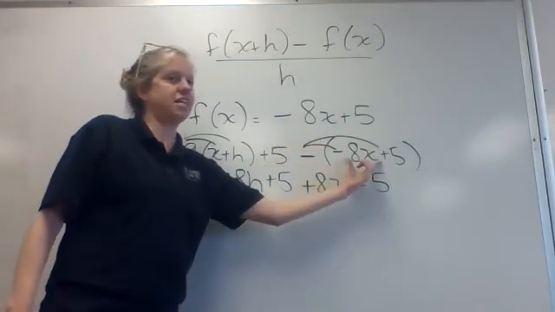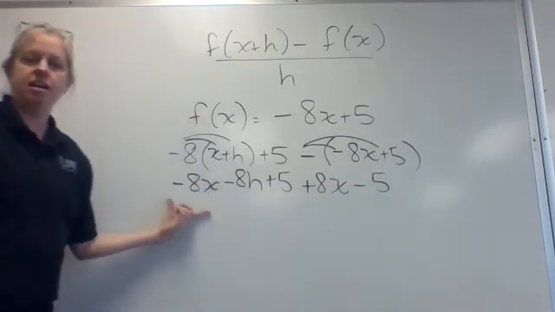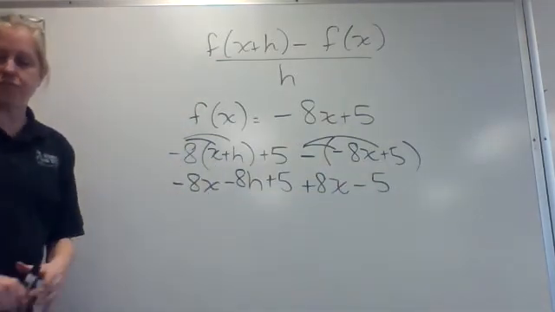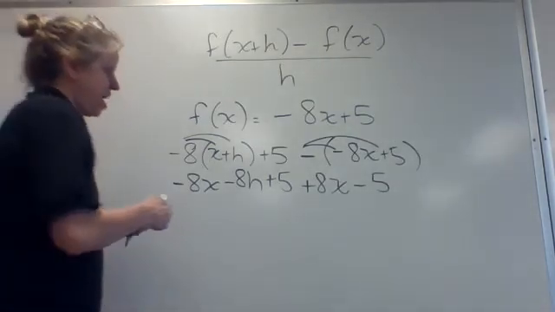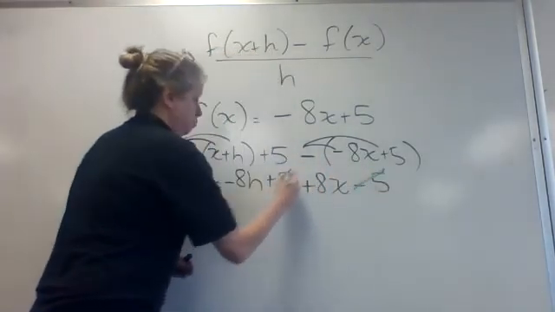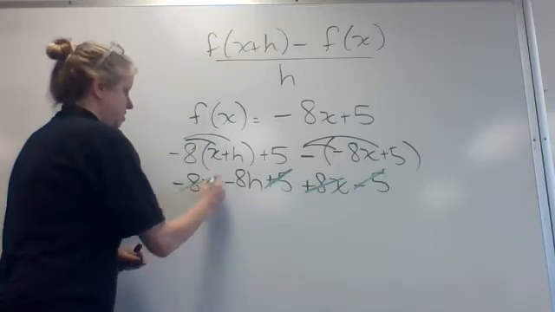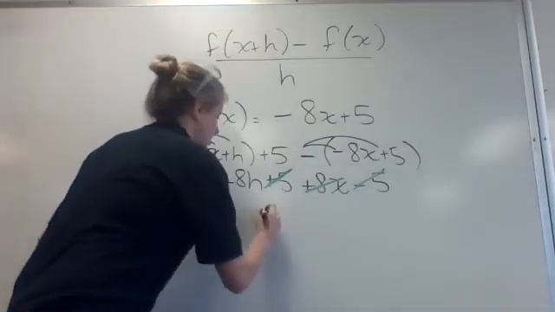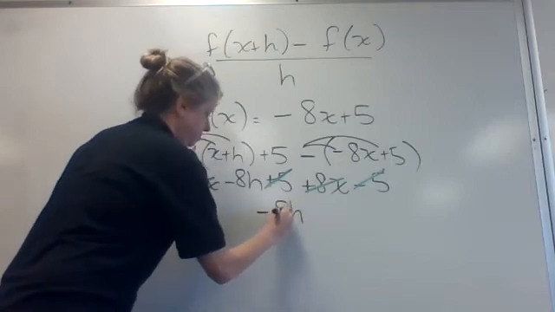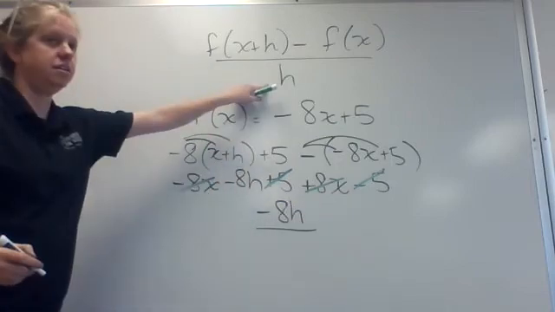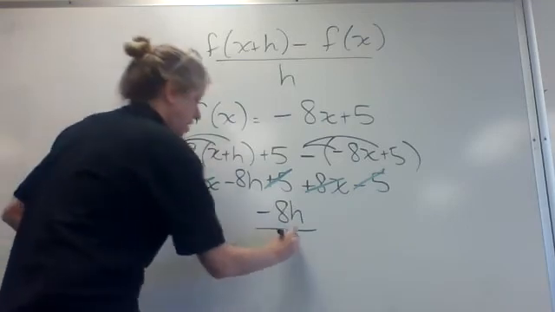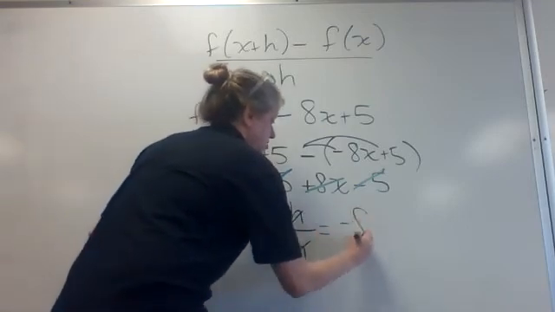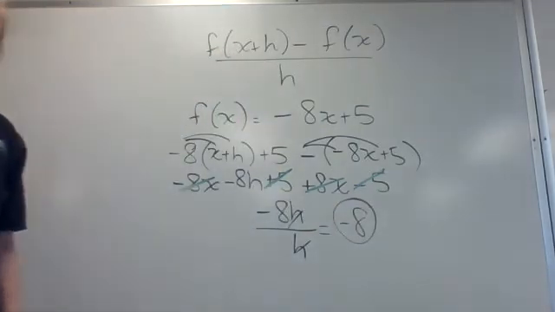It makes everything that was inside this parenthesis do what? Cancel something up front. So let's see, -5 cancels +5, and +8x cancels -8x. So all you're left with is that -8h, now over your denominator, which is h, and your h's cancel. So there's your -8.